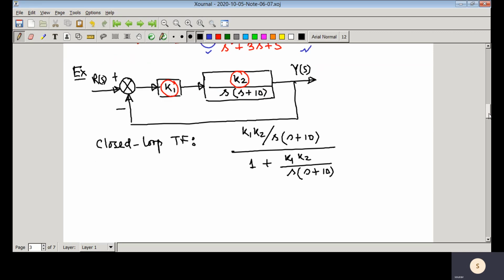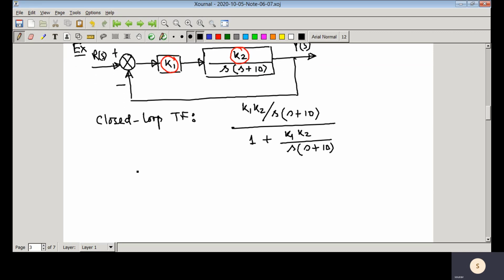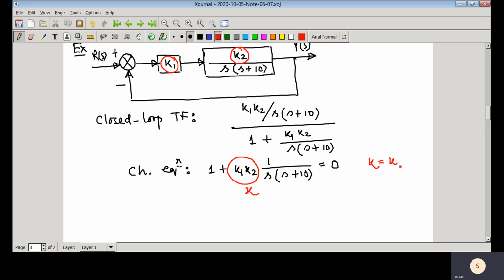So this is the closed loop transfer function, and the characteristic equation is 1 plus k1 k2 times 1 by s plus 10 equal to 0. Here we define the product of these two gains k1 and k2 as k.